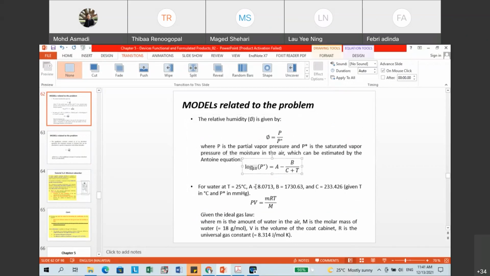A, B, C are given already. If not given, at 25 degrees C you have to refer to any chemical engineering handbooks, like thermo books. So if you calculate P prime, can you substitute into this equation? What is the answer?